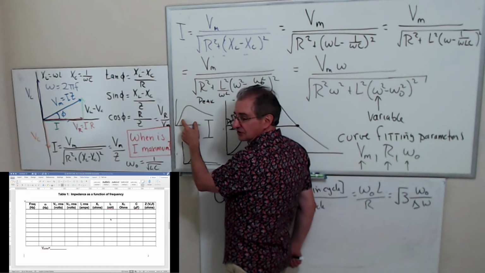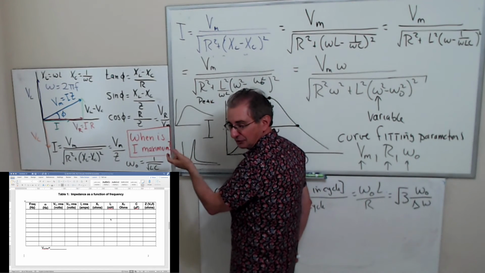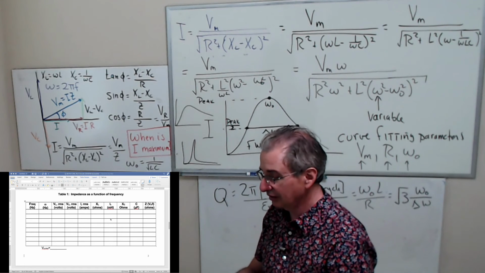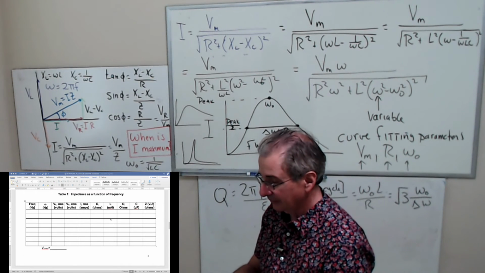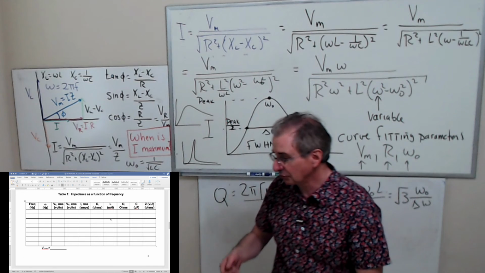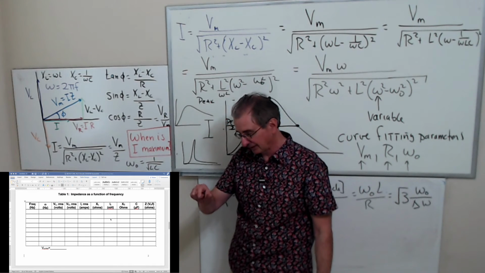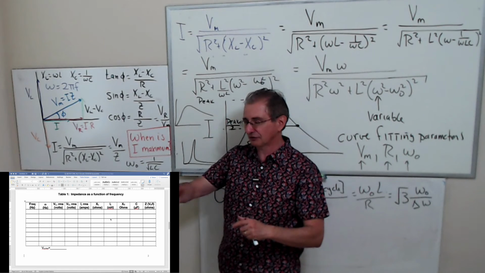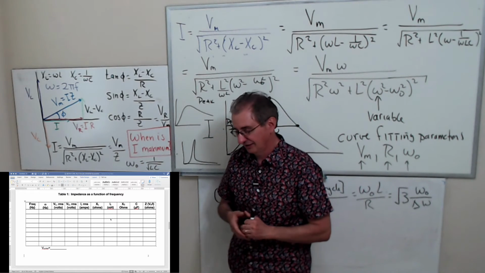Because if it's too wide, you're going to pick up several stations at the same time, which happens. You've tuned the radio and put it on the station and you can hear two stations. Sometimes you'll move the dial and notice that you can still pick it up even though you've changed the frequency quite a bit.